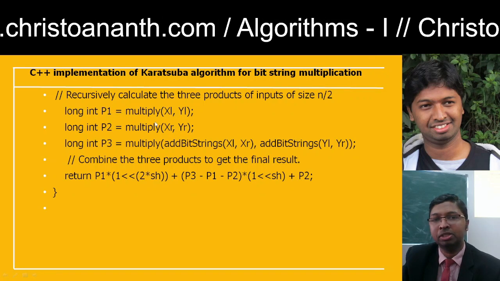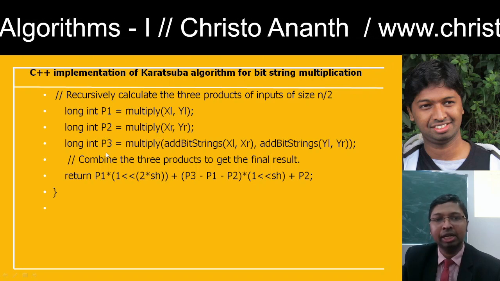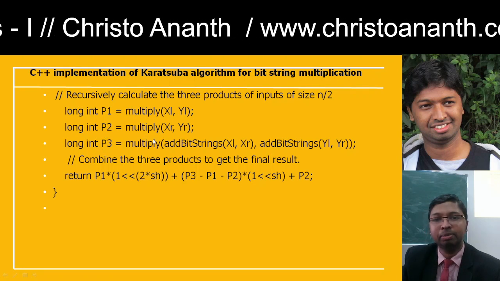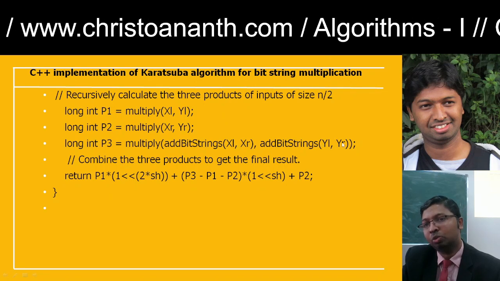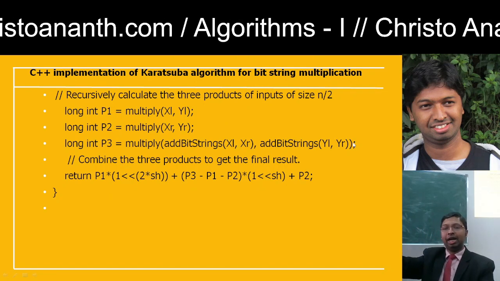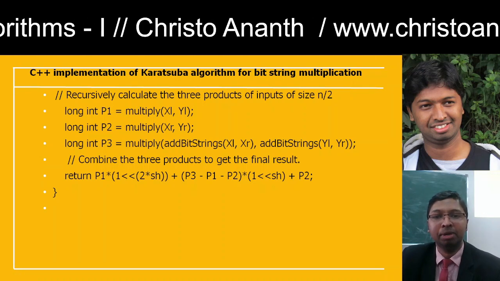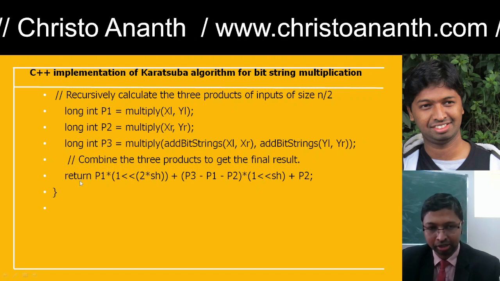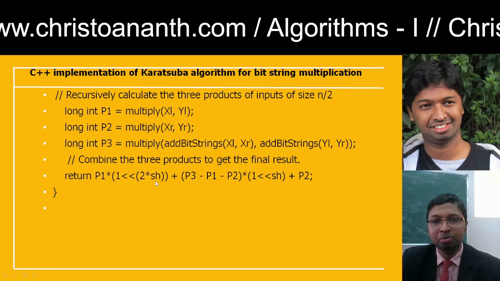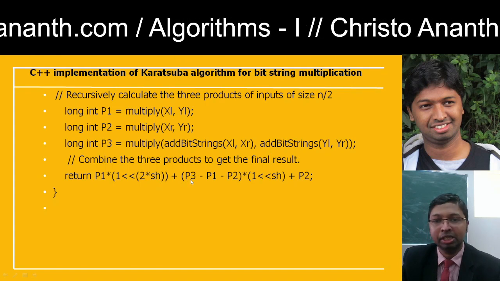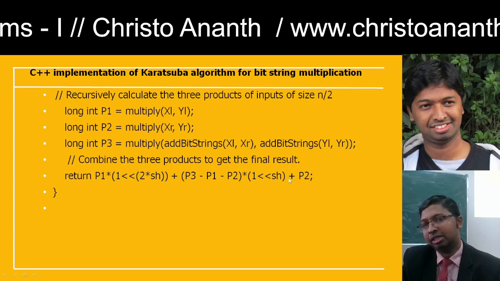So long int p1 is equal to multiply(xl, yl), then p2 is multiply(xr, yr), then long int p3 you are going to multiply the added bit strings. So xl and xr you are going to add, yl and yr you are going to add, and finally you are going to combine the three products in order to get the final result. So return p1 multiplied by 1 << 2*sh, plus (p3 minus p1 minus p2) multiplied by 1 << sh, plus p2.